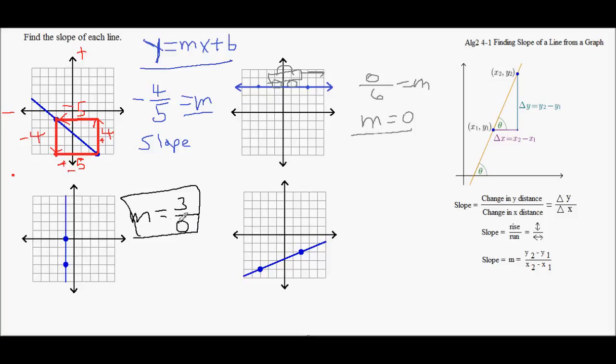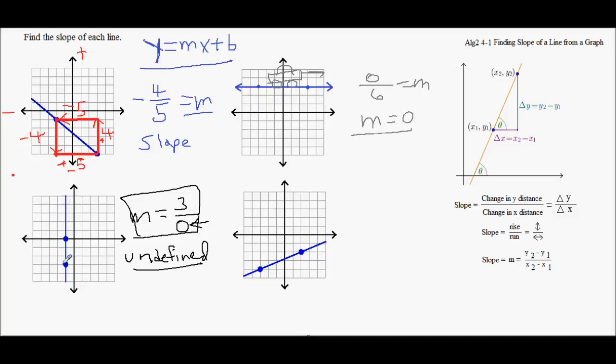Well, yeah, it's 3 over 0, but remember in math, very, very important, if you divide by 0, mathematicians say this is forbidden, because we don't know how many times 0 goes into 3. Is it infinite times or none? Big debate. They go, we don't know, so it's called undefined. Very important. Every time you divide by 0, this is an undefined slope.